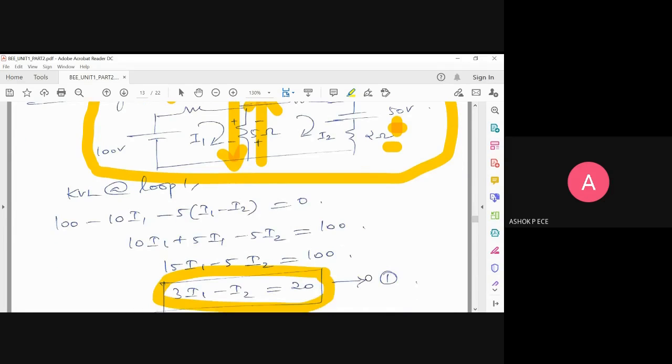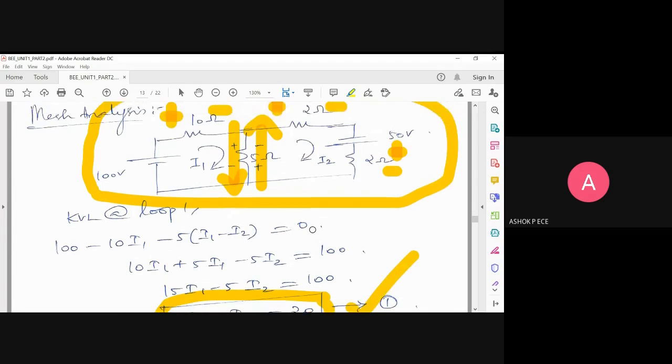If you are finished and you got this equation, do the second loop. In the second loop, you have 4 components, 3 resistors and 1 voltage source, so totally 4 terms you will get. Preetham Raj will say the answer.